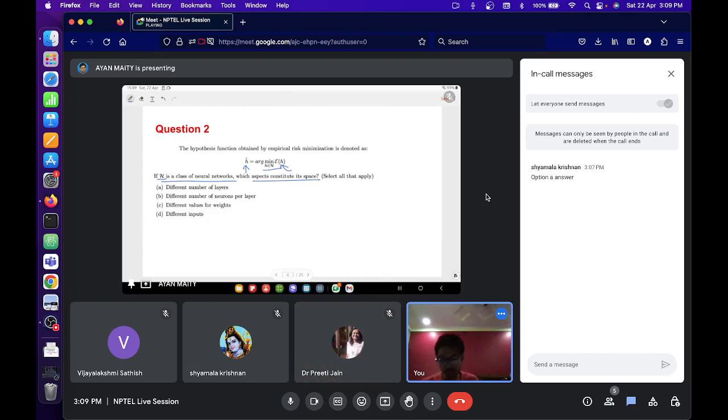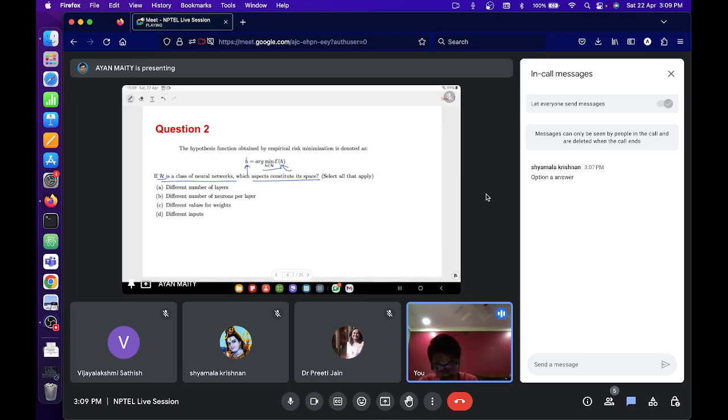So this is the expression for empirical risk minimization: h hat equals argmin epsilon h. Epsilon h is the empirical risk or empirical error, and h hat is the optimal hypothesis that we will get after minimizing the empirical error.